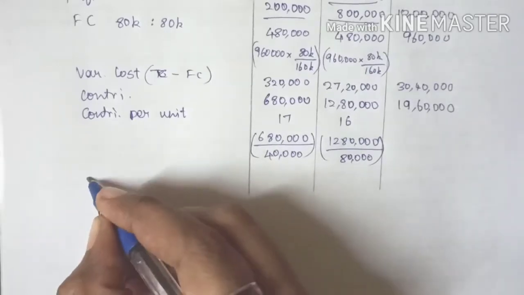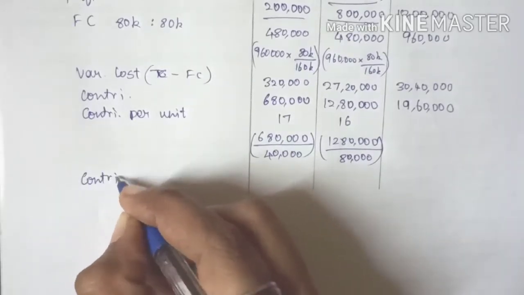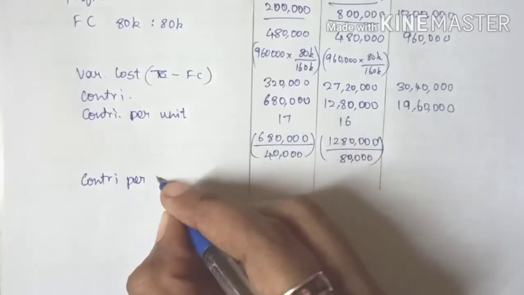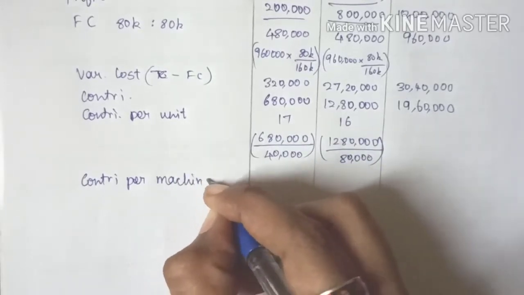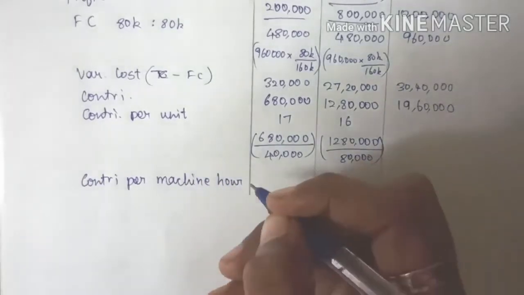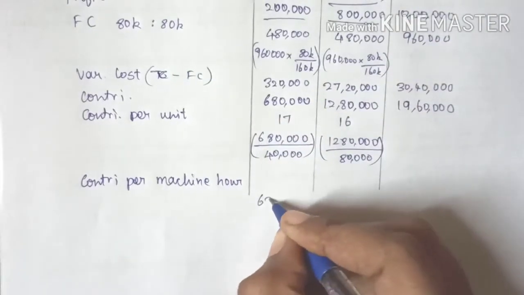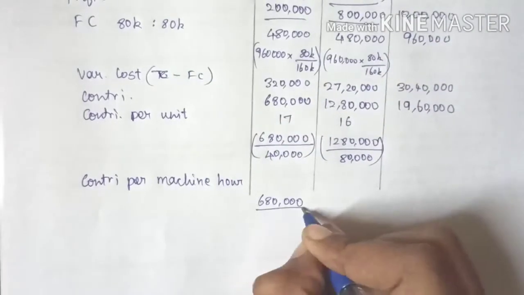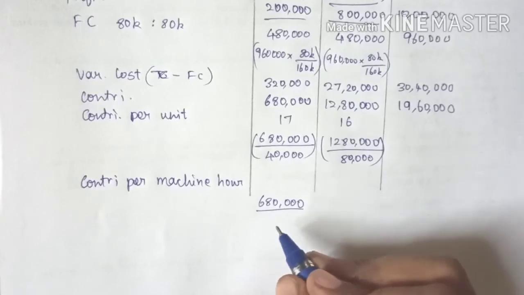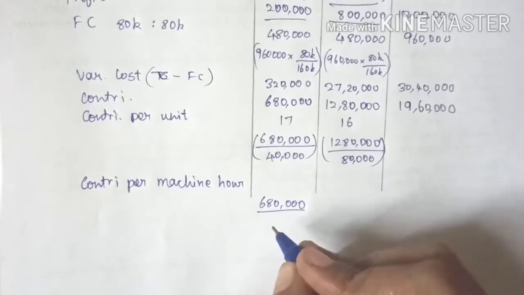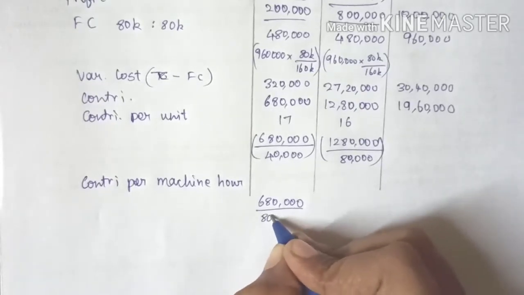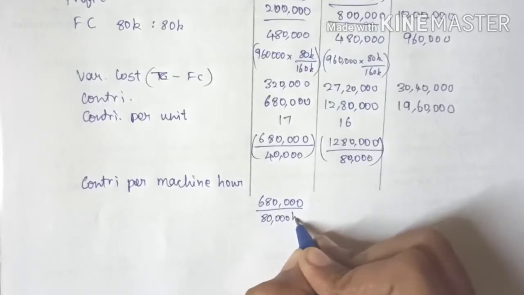Next one is contribution per machine hour. 6,80,000 divided by total hours, that is 40,000 units into 2 hours. 40,000 into 2 is 80,000 hours.